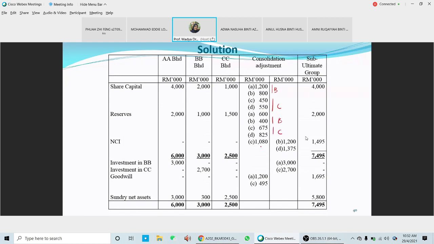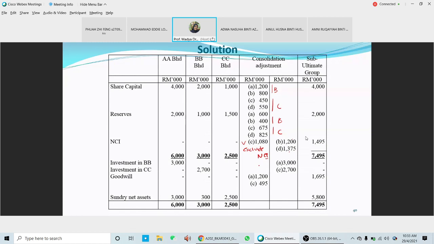NCI 1080 here, to get this one is journal entry C. Journal entry C 1080 here is to exclude the NCI. So that's why we have to debit, debit, and then credit. This 1.2 here is journal entry B, and this one is journal entry D. So totaled up, we're going to have NCI 14995.